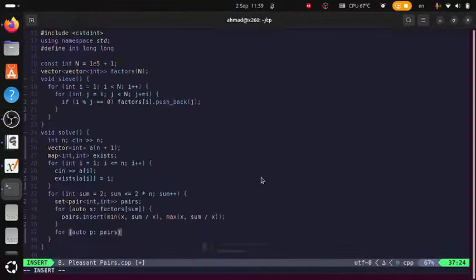So we're going to iterate through these pairs, right? And what do we say?